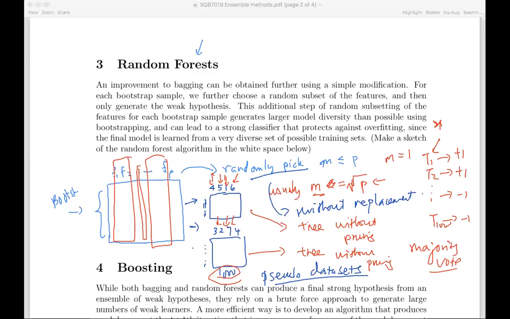Okay. So that's actually just a very short part. Random forest is not that complicated, right? The algorithm is fairly simple.